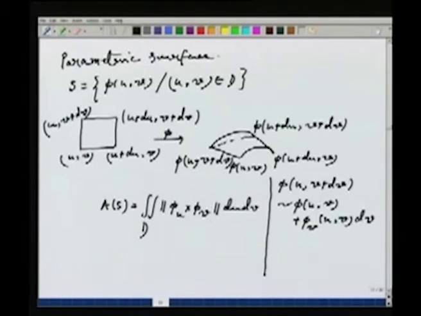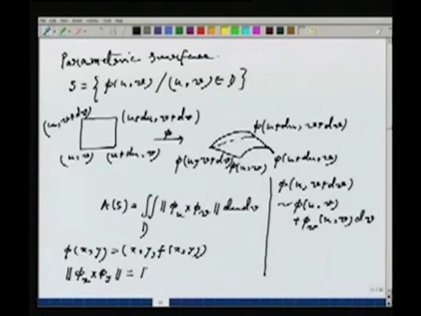And then to check, I can give it as an exercise that if you assume your phi(x,y) to be equal to (x, y, f(x,y)), suppose this is your phi, then show that the norm of phi_x cross phi_y is nothing but the norm of the vector (minus fx, minus fy, 1).